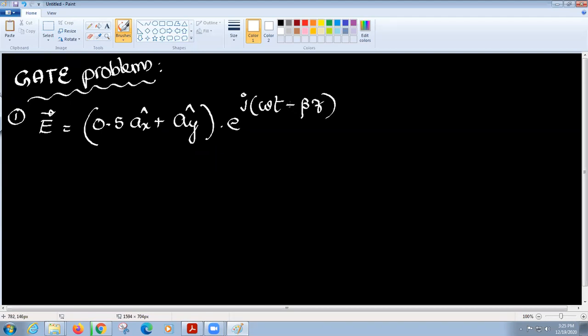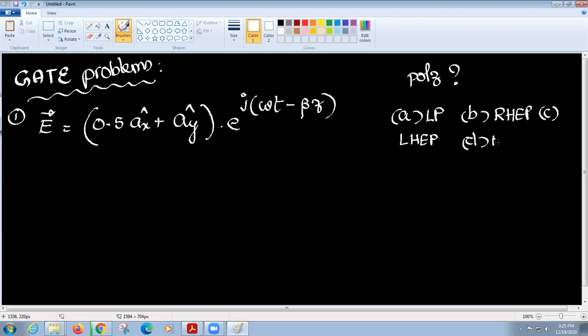He's asking what kind of polarization this E exhibits on the transverse plane. The options are: linear polarization, right hand elliptical polarization, left hand elliptical polarization, and none.